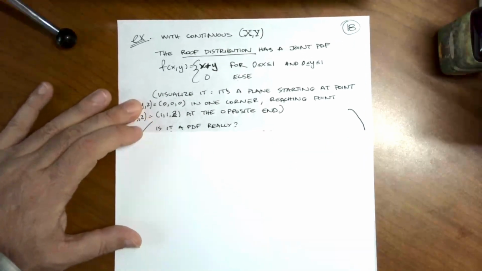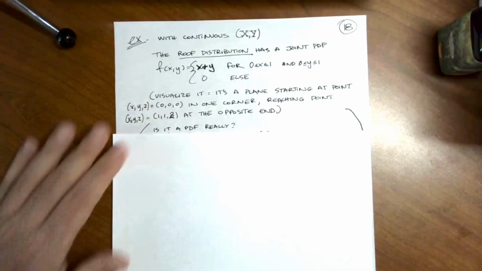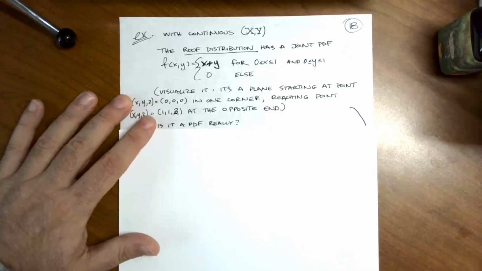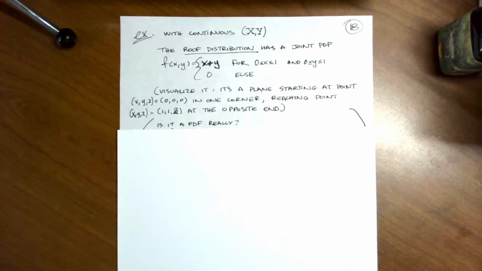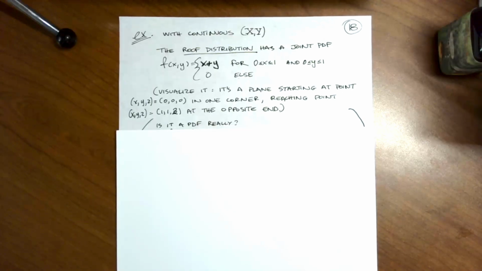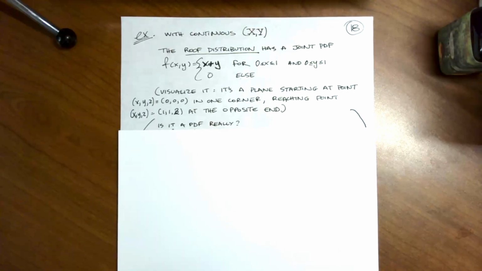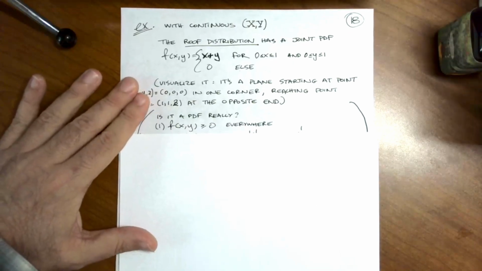Now, is it really a PDF? It looks a little bit strange. It's not like a normal distribution. It's not like an exponential, examples of which we have seen before. It's very easy to verify whether it's a PDF, and it has to follow the 2 properties that we have already mentioned.